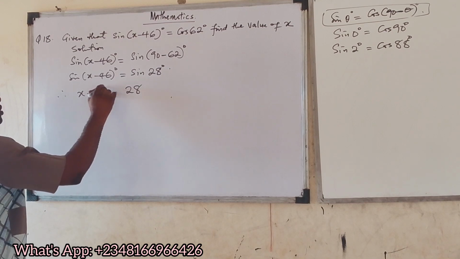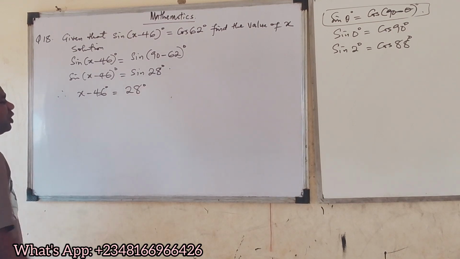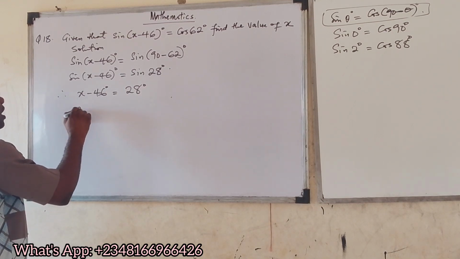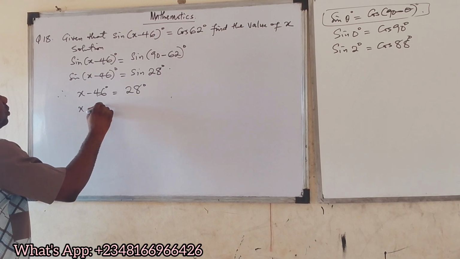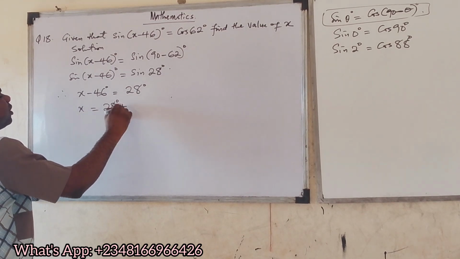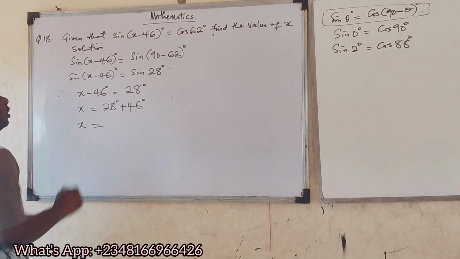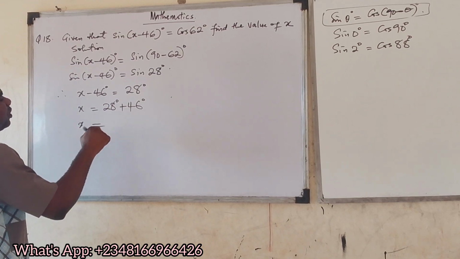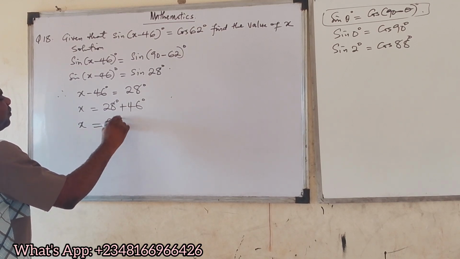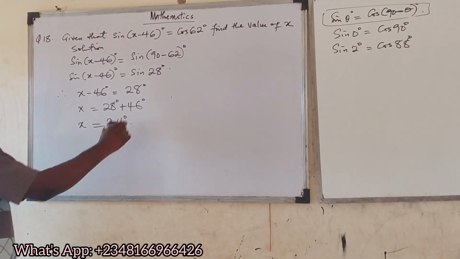So x minus 46 degrees is equal to 28 degrees, which means the value of x will be equal to 28 degrees plus 46 degrees. So x will be equal to 28 plus 46, that's 74 degrees. So that's the value of x.